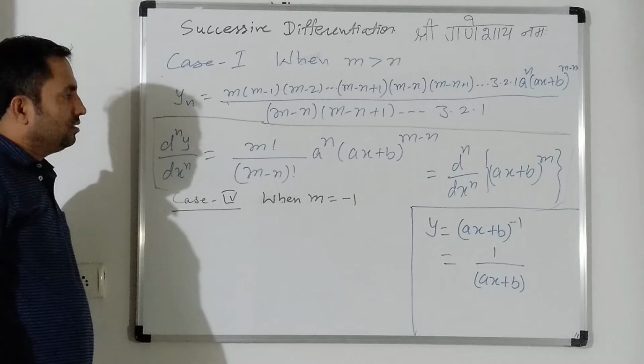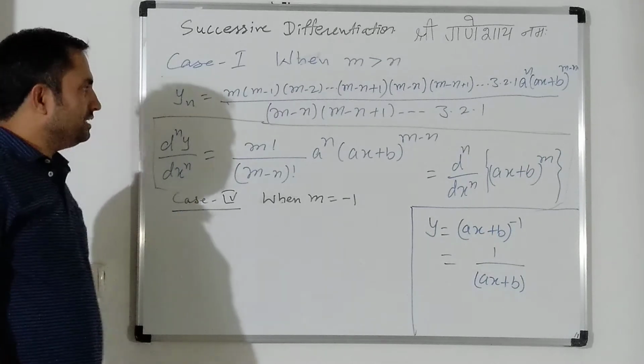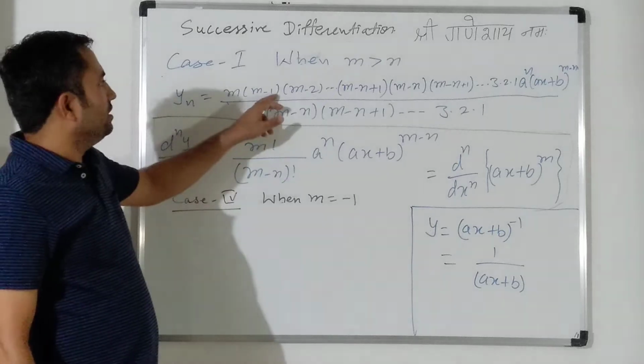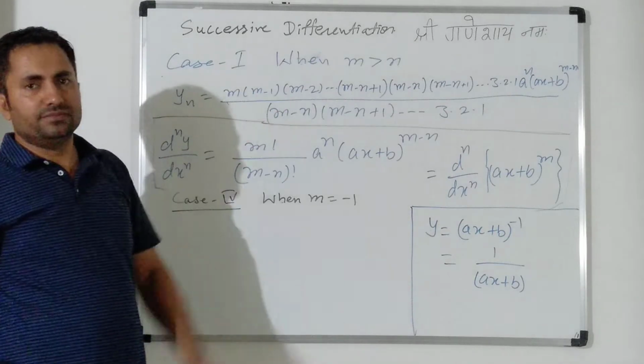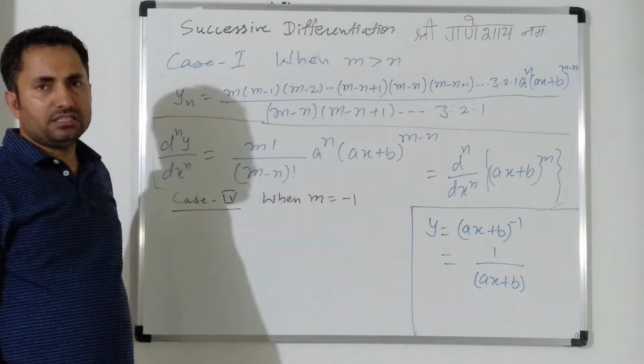So basically, once we put m equal to minus 1, we get directly the answer.